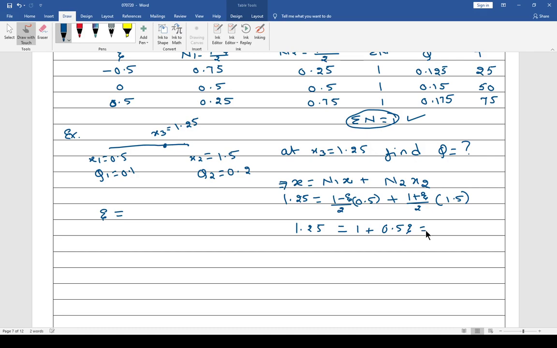Now this will come to 0.25 equal to 0.5 zeta, or zeta equals 0.25 into 2, that comes 0.5. Let it be, but it should not happen like this, because this x3 is not exactly in between. Okay, xi is coming 0.5, correct.